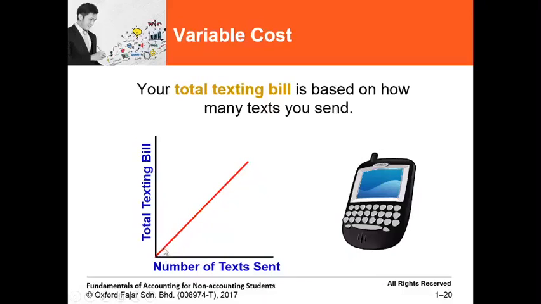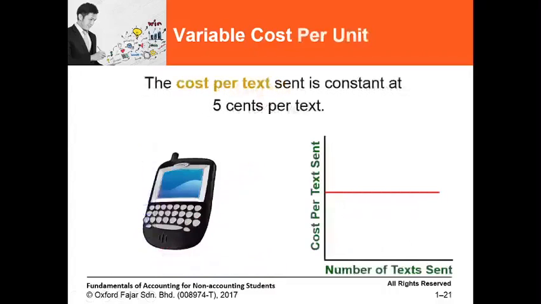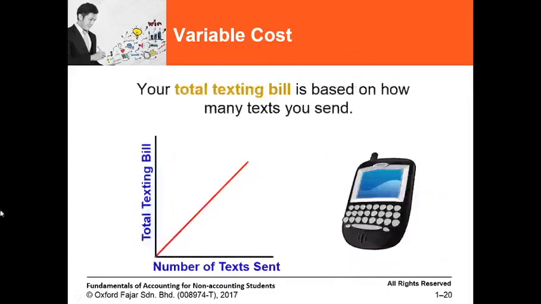Okay, so if I send 2 text messages, then I will incur 10 cents of bill. So meaning to say that if I send 100 text messages, therefore I will incur 5 ringgit bill for that month. Alright, so this is considered as variable cost.